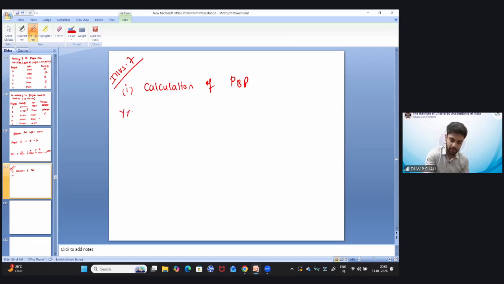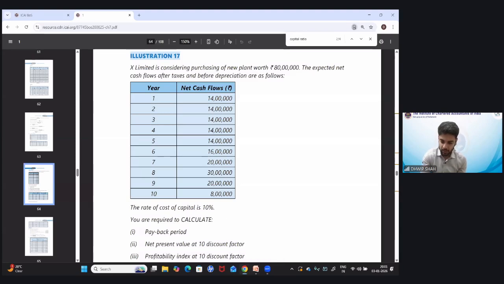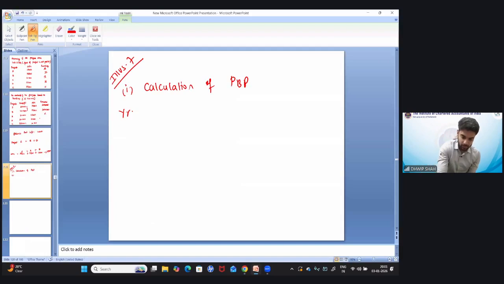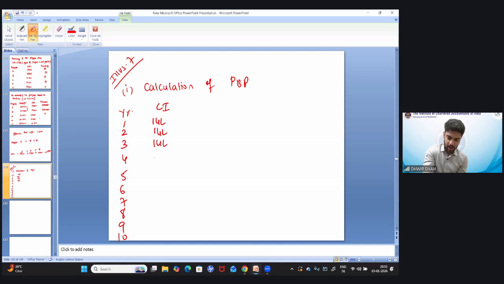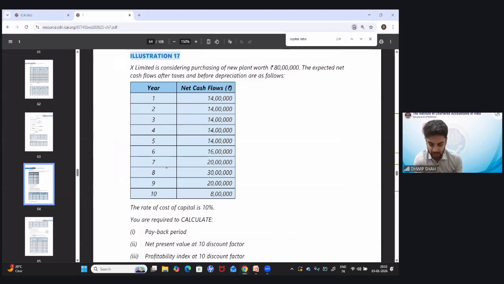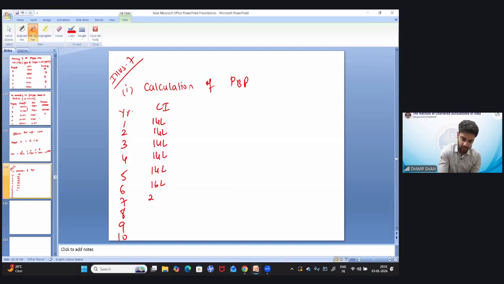So in payback period we write year: 1 2 3 4 5 6 7 8 9 and 10. Cash inflows: first 5 years 14 lakhs. If you write, write properly, because you would be having space in your pages. Then 16 20 30 28, 16 20 30 28.